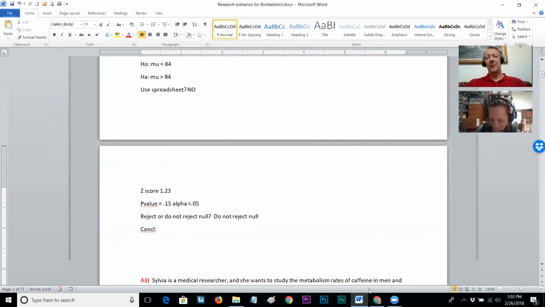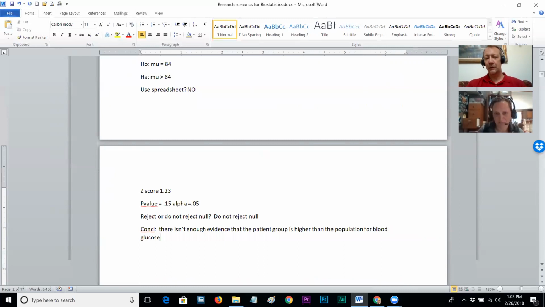Yeah, what you said was correct. But here's a less clunky way to say it: enough evidence that the patient group is higher than the population for blood glucose level.